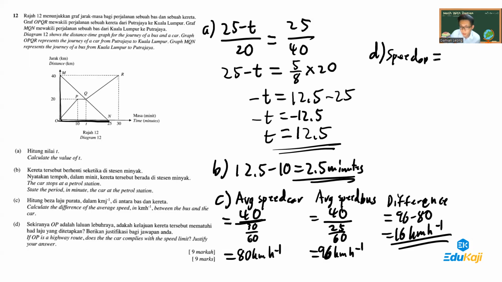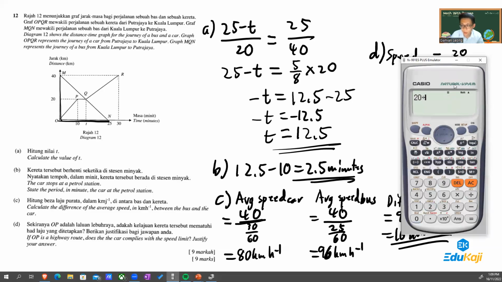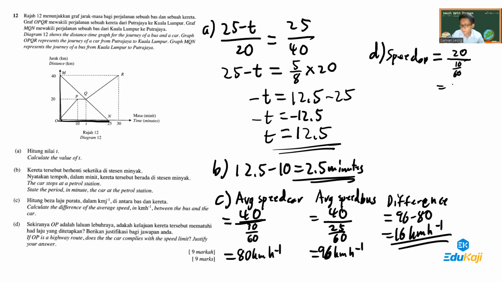So it is distance divided by time, 20 divided by 10 minutes, I change to hours, 10 over 60. 20 divided by bracket 10 over 60 is 120. 120 km per hour. So that would definitely be exceeding speed limit. So no.